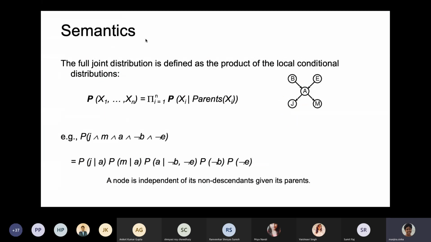So yesterday we started Bayesian networks, which is basically a directed acyclic graph where the dependencies denote relationships like parents, child, descendants, and ancestor.